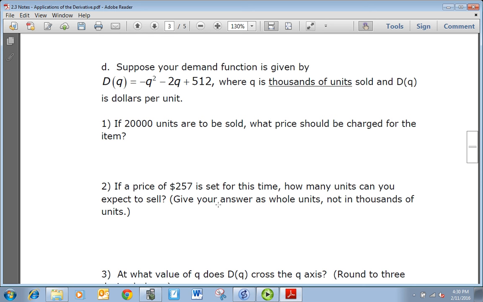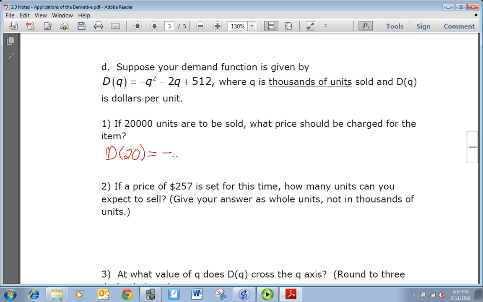Okay, so it's in thousands of units, so our value is really just 20, because 20 times 1,000 is 20,000. So we're just trying to find what we get when we plug 20 in. So basically D of 20.